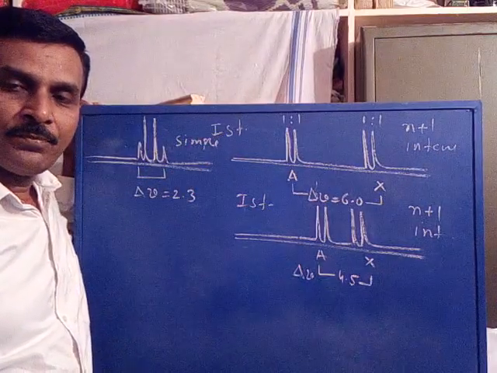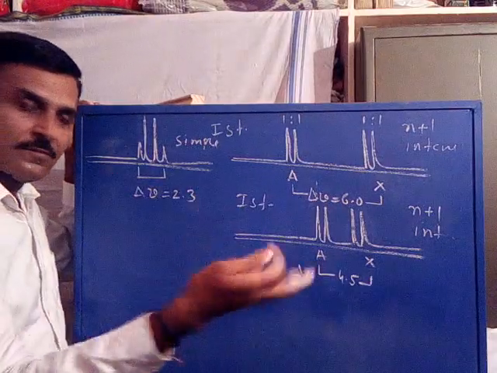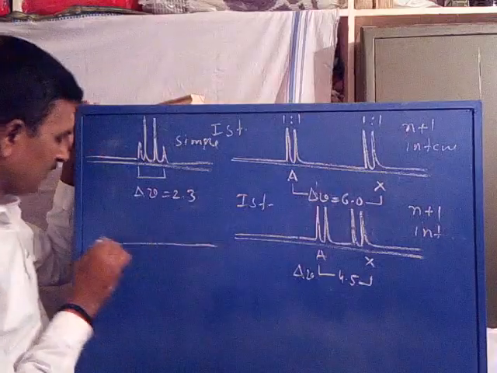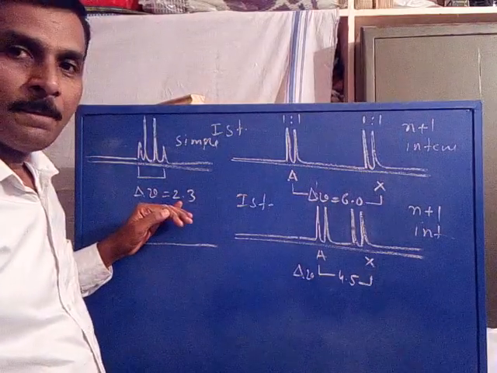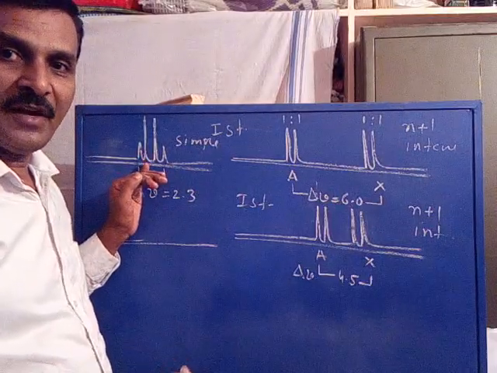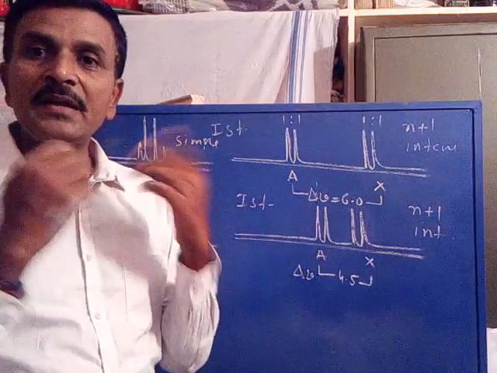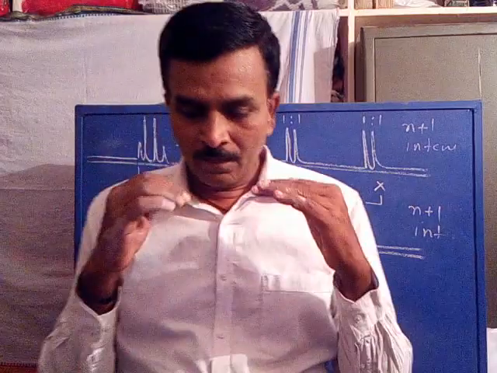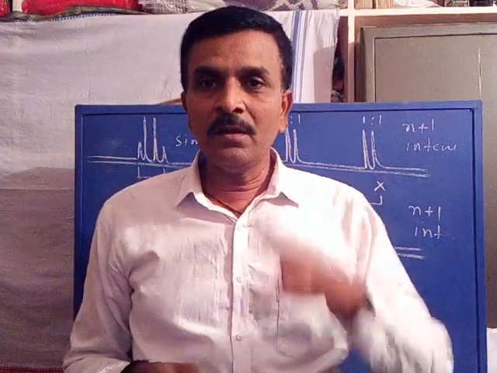Is it clear? Now coming to further decreasing the frequency difference between the two lines. Up to 2.3, we have seen a distortion in the intensity of the two doublets. The doublets are not exactly 1:1, so the simple intensity rule is not applicable. Further decreasing the frequency difference between the coupled sets of protons, the two inner lines overlap.